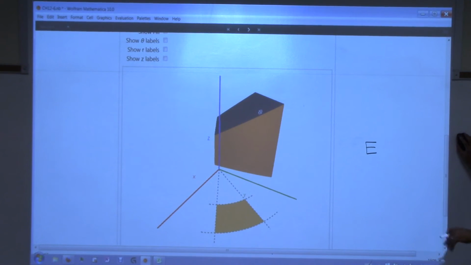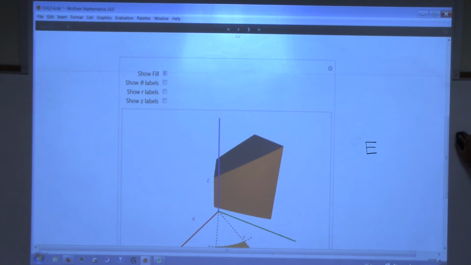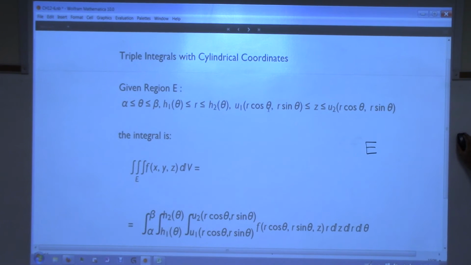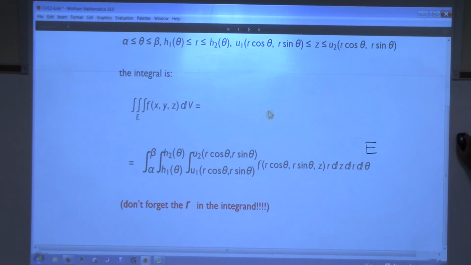If the shadow on the ground isn't type 1 or type 2, and it looks more like polar, then you should convert to polar coordinates. On the problem that I walked out and let y'all work on, you could have done polar, but you would have had to project it up against the back wall. But it was possible, though, right?